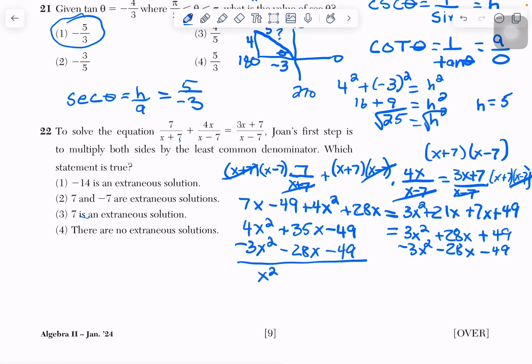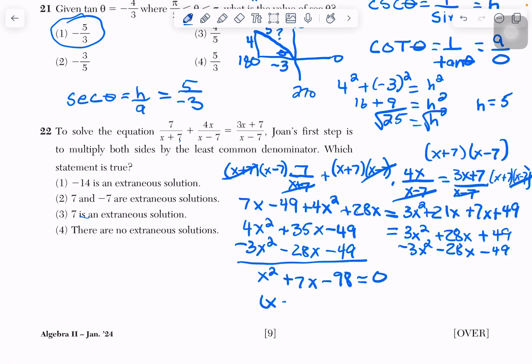So we get x squared plus 7x minus 98 is equal to 0. So obviously what I did was, the first thing I thought, 7 is one of the roots. So I divided 98 by 7 and I got 14. So that's where the 14 came from, right?